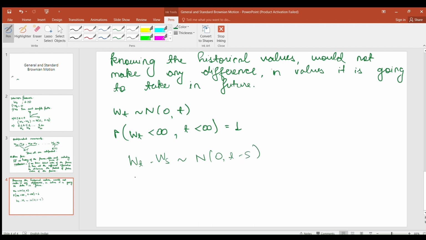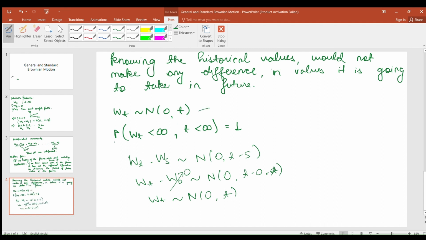So here W_t minus W_0 will follow normal(0, t minus 0), that is equal to t, and W_0 comes from the first property that W_0 is equal to 0. Therefore W_t, the value of the process at time t, follows nothing but normal with mean 0 and variance t.